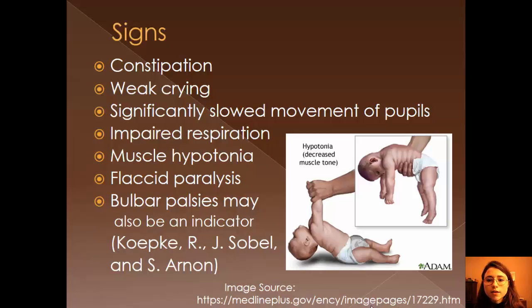Here in this image, you see that the child lies limp. So that is one indication of botulism in infants. Flaccid paralysis is the key indicator, and oftentimes we'll see bulbar palsies, which is disablement of the cranial nerves due to lesions on the lower motor nerves just within or just below the brainstem.